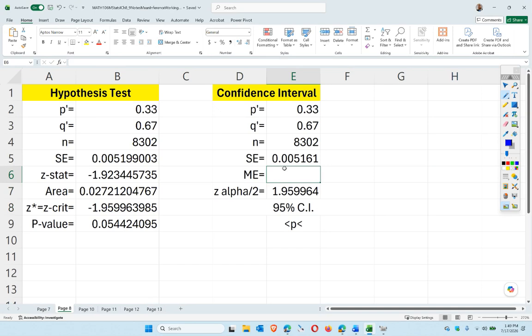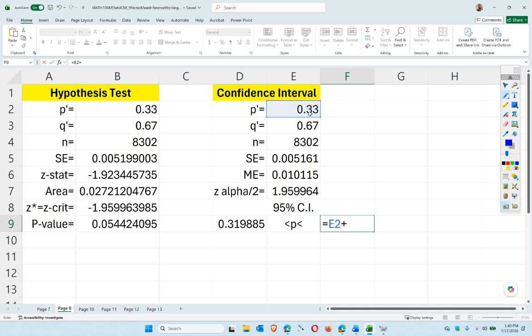There's that. So the z value times the standard error is what we get there. So the confidence interval is the sample minus the margin of error, and the sample plus the margin of error. So that is our confidence interval there.